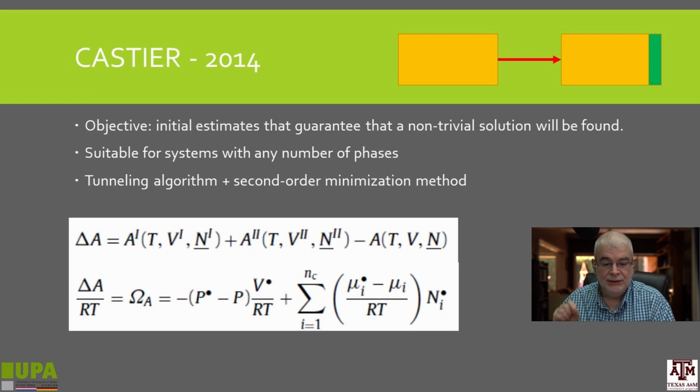And if you have good initial estimates, you are sure that you are going to avoid trivial solutions, so you'll get non-trivial solutions for sure. So this is the point of doing it the way it was done.